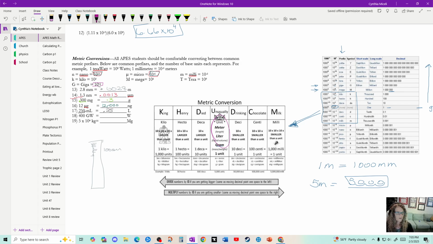Okay, so 400 gigawatts. If I was going to do scientific notation, which I feel like I would want to, 400 gigawatts is 4 times 10 to the 14, because a gigawatt is 12, but then I have these two zeros right here, so I have to put two more, so 14.